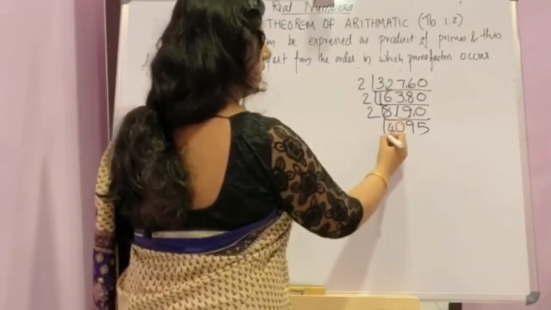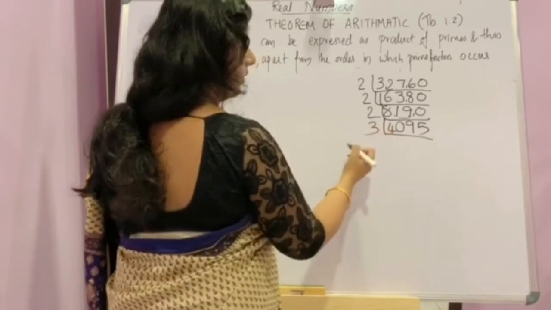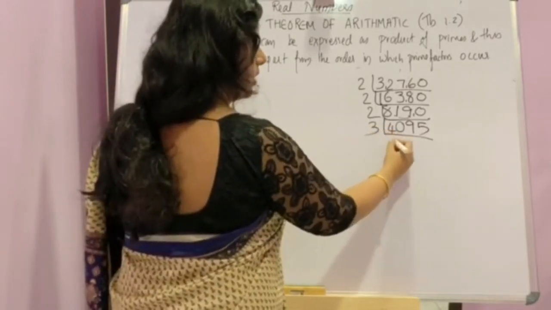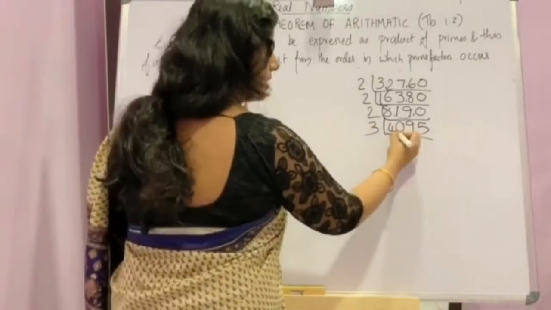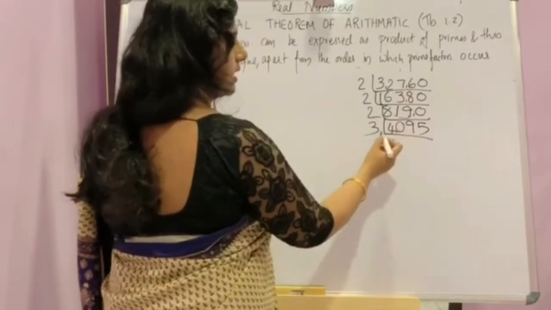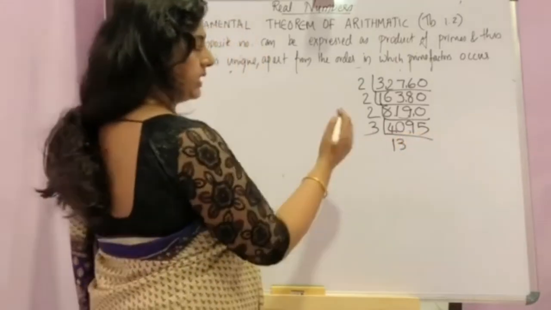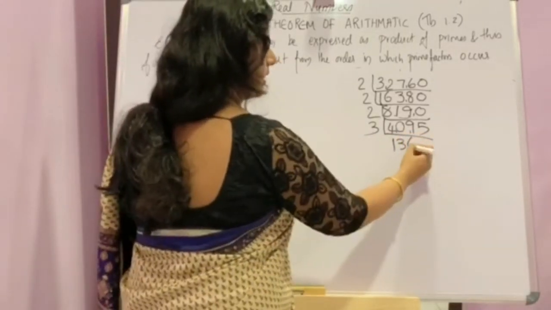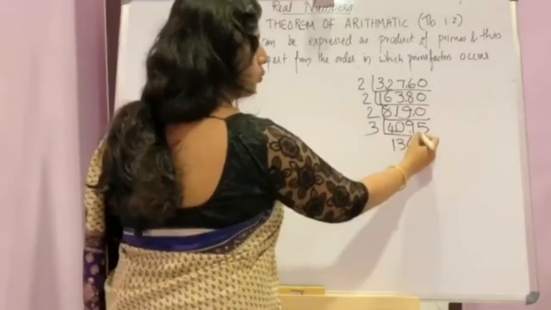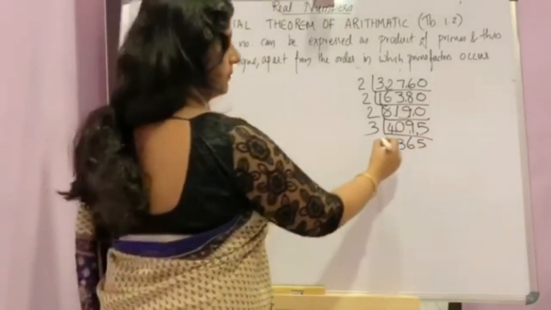So we'll check the next prime factor, that is 3. Let us check. 3 ones are 3, balance is 1 because it was 4 here. Now this is 10. 3 threes are 9, again balance is 1, 19. 6 threes are 18, balance is 1, 15. 5 threes are 15.